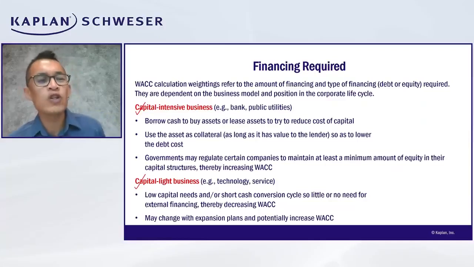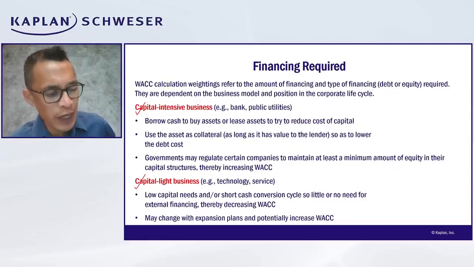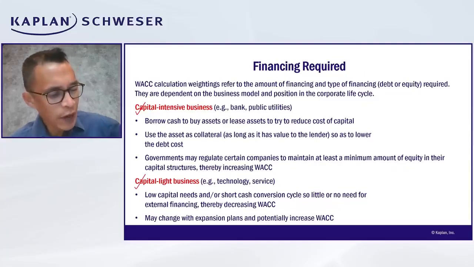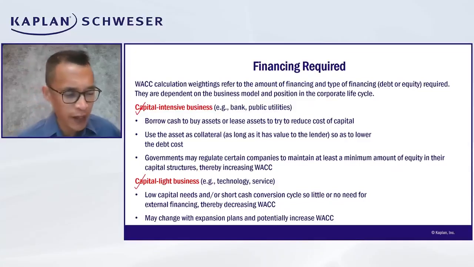Now, moving over to the bottom here, and capital light businesses such as technology companies may have substantial intangible assets that do not usually require external financing, so that results in a significant reduction in financing costs. Now, once we factor in any potential expansion plans that would presumably require more capital, then there could be a significant increase in the WACC.